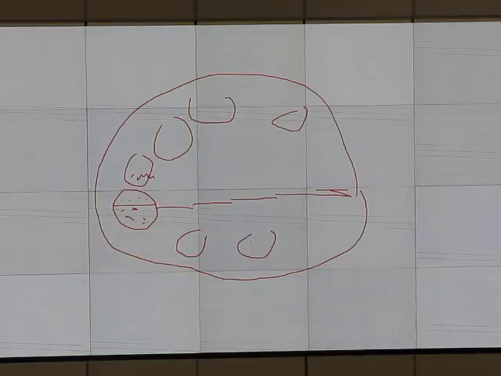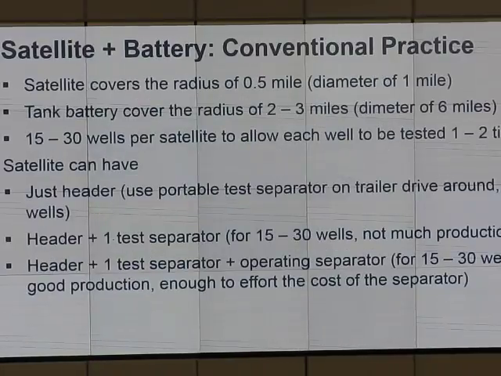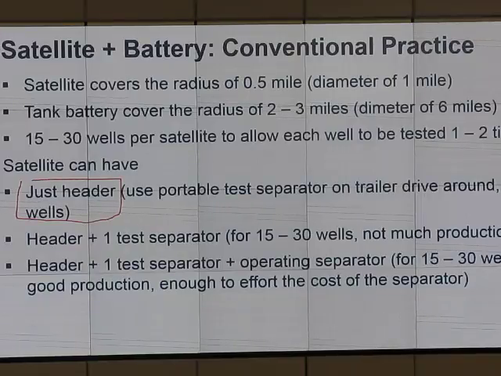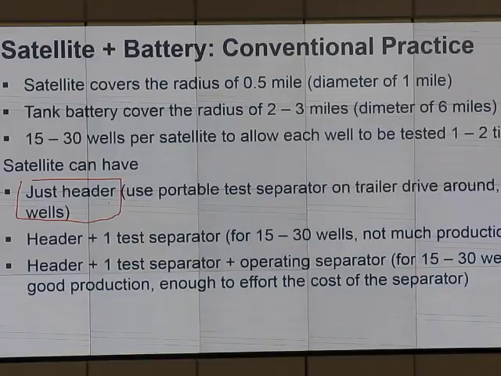For the satellite, you can do just a header and combine them together, with no separator at all. If you have just 5 valves, it is better to connect them together and then put everything to the tank battery.